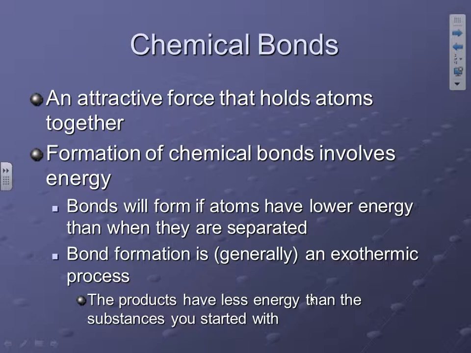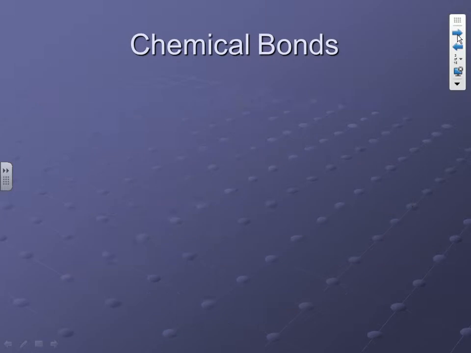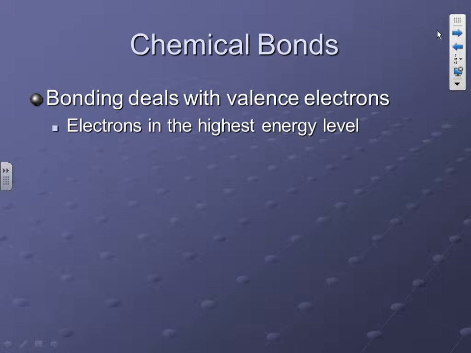And the way that these atoms go about achieving low energy states is what? What equates to a low energy state for an atom? 8 valence electrons. Chemical bonds deal with valence electrons, right? Electrons in the highest energy level. And I added this part to the slideshow, but I forgot to put it into your outline.